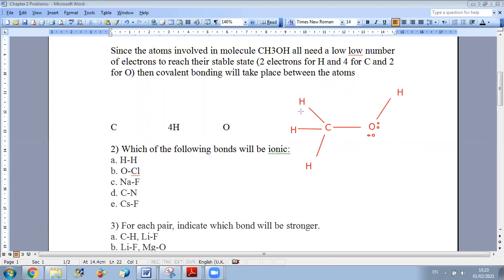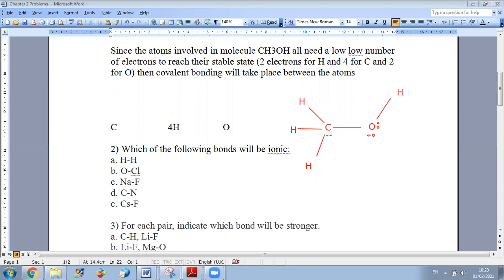For example, for H, what is the stable number of electrons? It's 2. As you can see here, each H atom has 2 electrons on its outer orbit because it's sharing with others. For C, each line represents 2 electrons that are shared between the 2 atoms. So around C we have 2 plus 2 is 4, plus 2 is 6, plus 2 is 8.